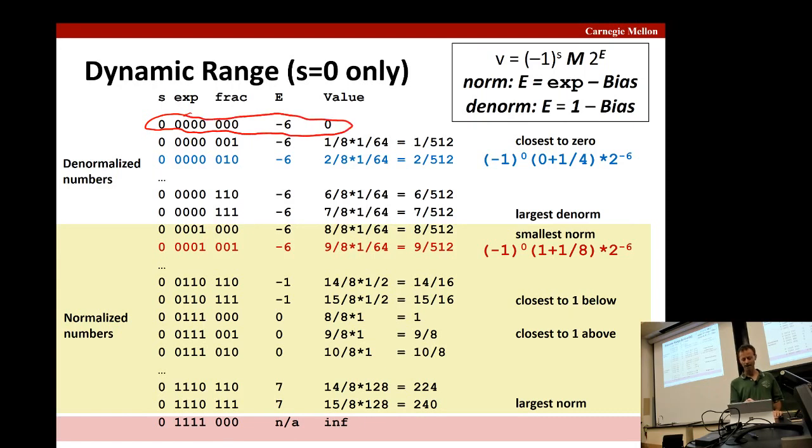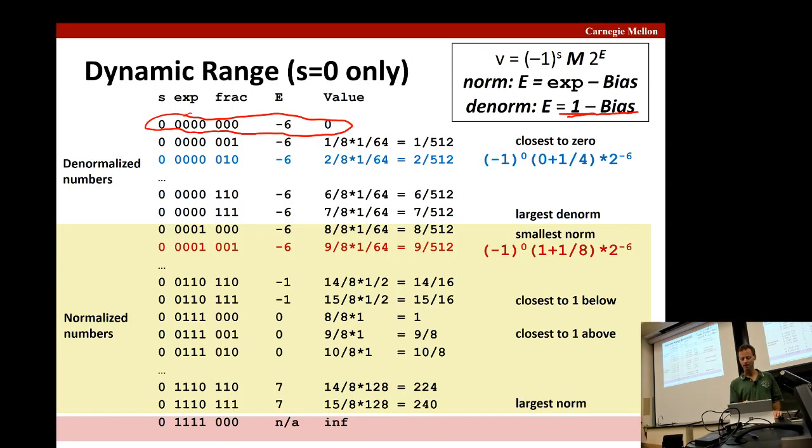Then in the denormalized range, which are all these ones here in the white background, you have all the possible choices for the fraction. But for each of these, because we're in the denormalized case, the exponent is going to be 1 minus our bias. Since our bias in this case was 7, they're all minus 6.